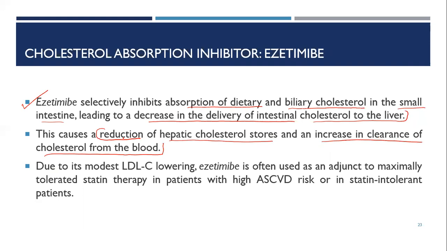The circulating cholesterol we have in the form of LDL-C will start coming back to its home, that is the liver. So what these drugs, ezetimibe or the bile acid sequestrants, are doing is reducing the cholesterol stores of the liver, and as the cholesterol stores of the liver decrease, the circulating cholesterol starts coming back to the liver. Okay, so the circulating cholesterol levels decrease.